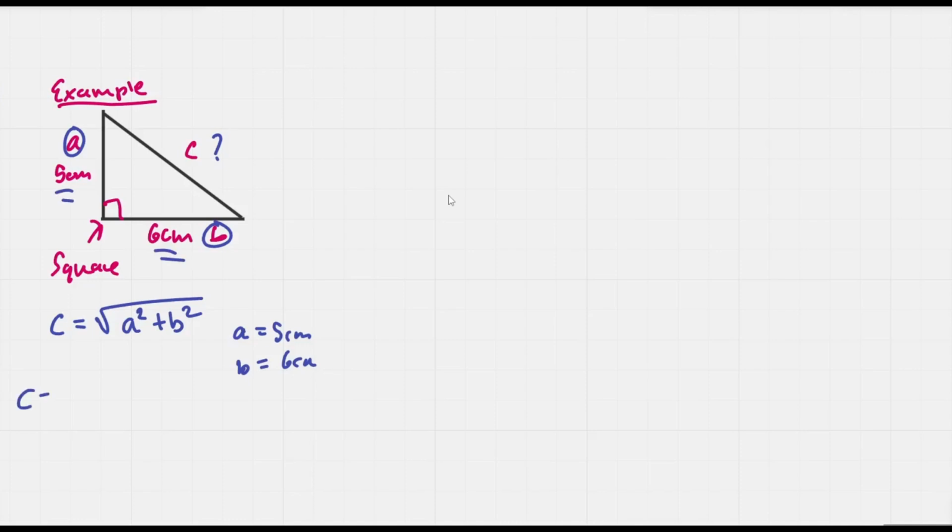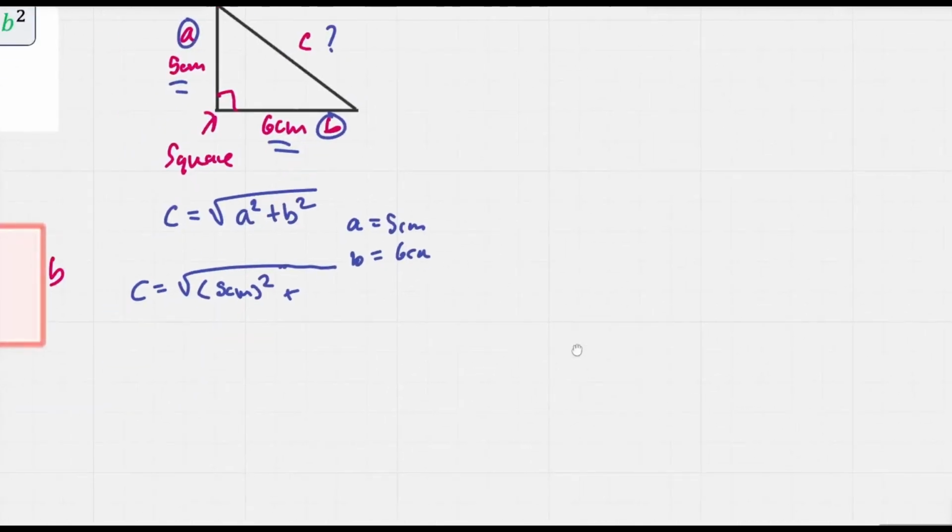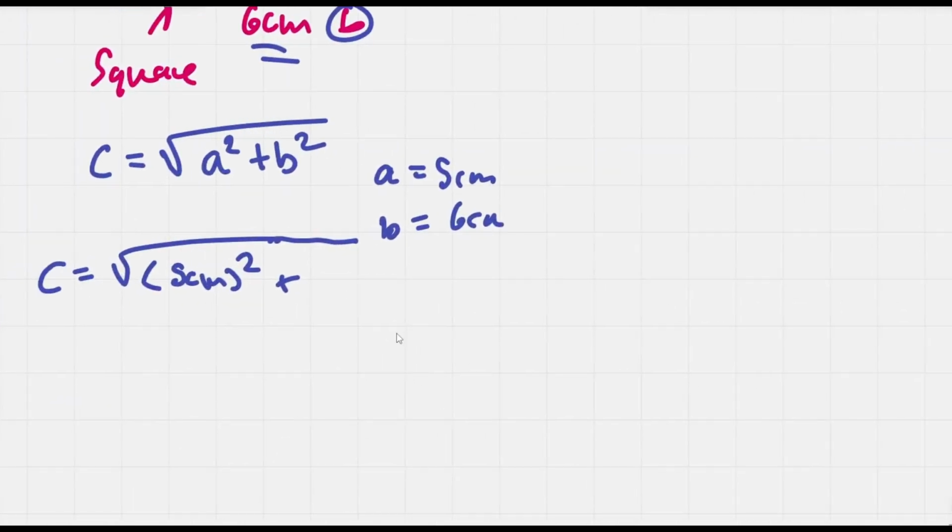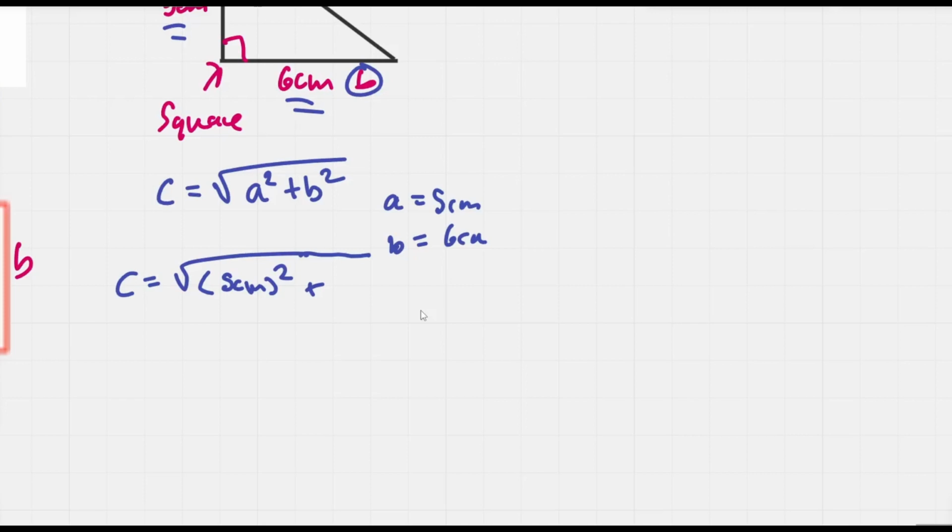So C is equal to the square root of 5 centimeters squared plus 6 centimeters squared. 5 times 5 is 25, plus 6 squared, which is 6 times 6, which is 36.